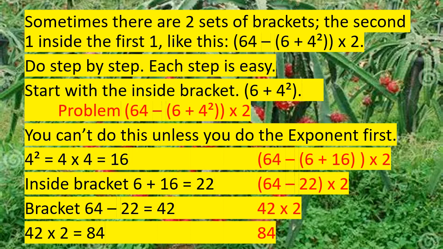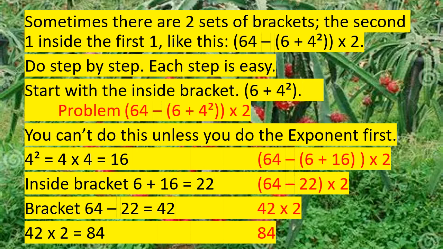4 squared equals 4 times 4 equals 16. So now the problem looks like bracket 64 minus bracket 6 plus 16, close bracket once, close bracket twice, times 2. So now we can do the inside bracket. 6 plus 16 equals 22.